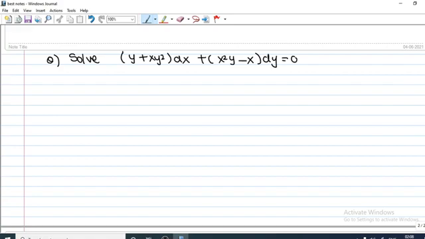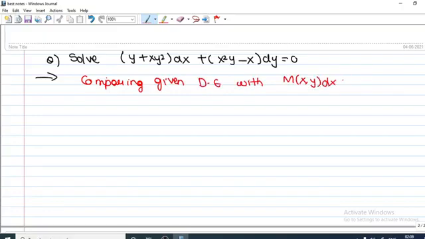But how you are going to proceed with the problem is very important. The first step will be similar to what you do in type 2 or type 1. The step is comparing the given differential equation with M of x comma y dx plus N of x comma y dy equal to 0.